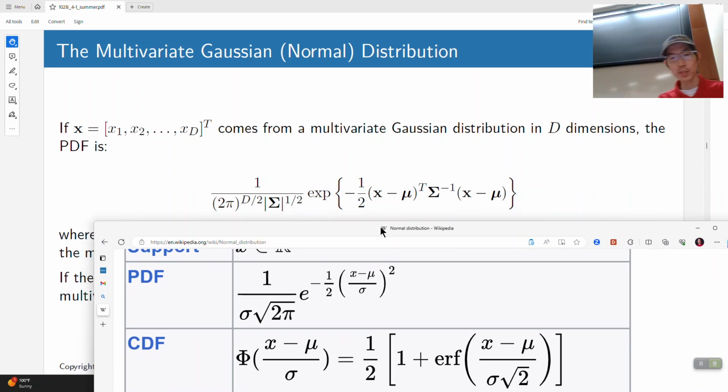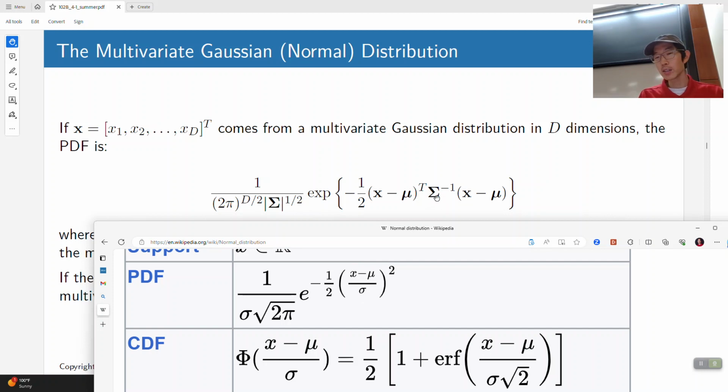And so what do we see? We have e to the negative 1/2. And here I have (x minus mu) transpose (x minus mu), and that's kind of like (x minus mu) quantity squared. With a univariate you have this, but with a multivariate you have these vectors. And inside here we have divided by sigma, which if you expand it out is sigma squared.